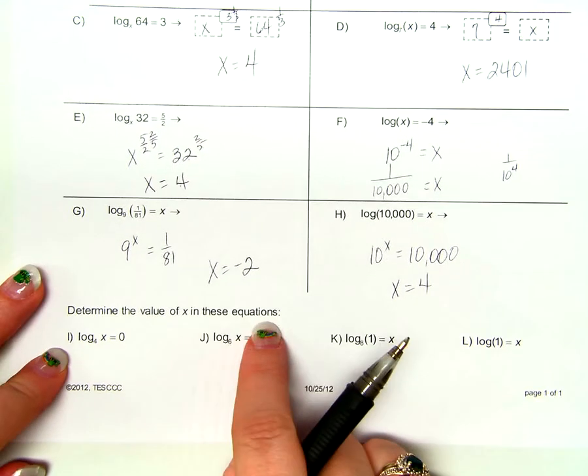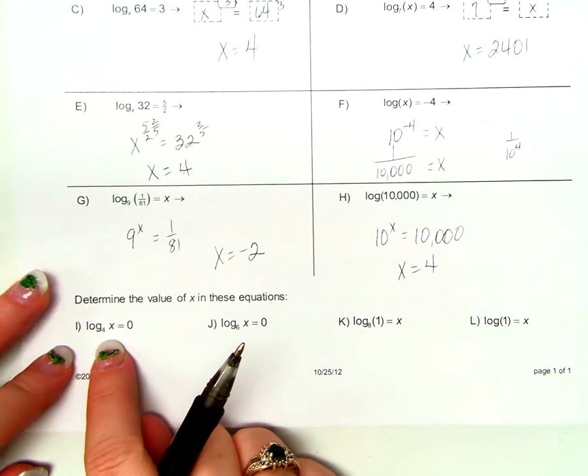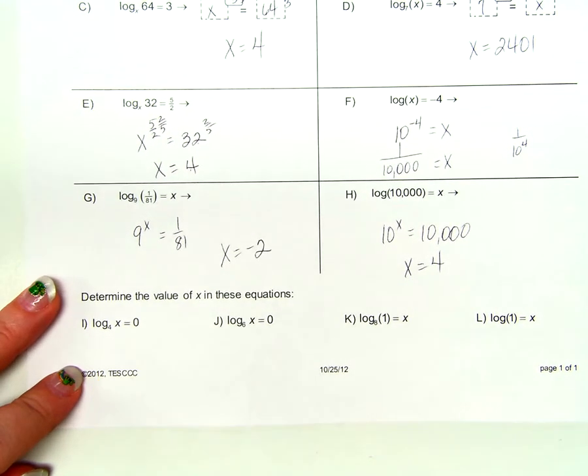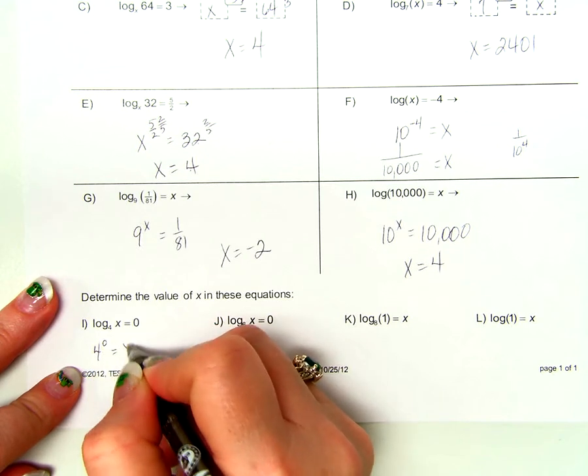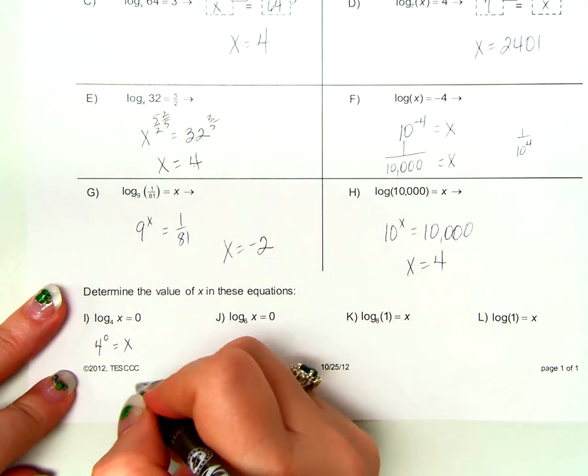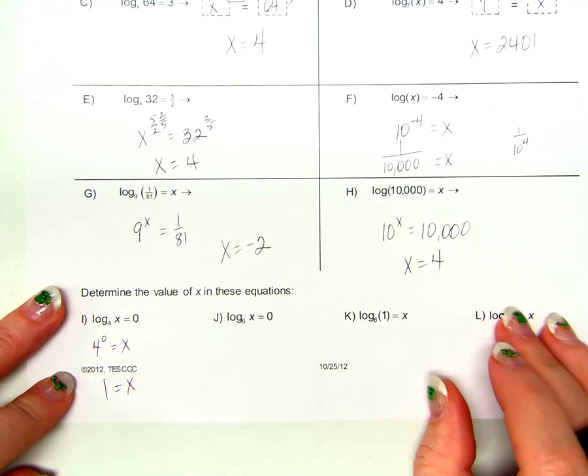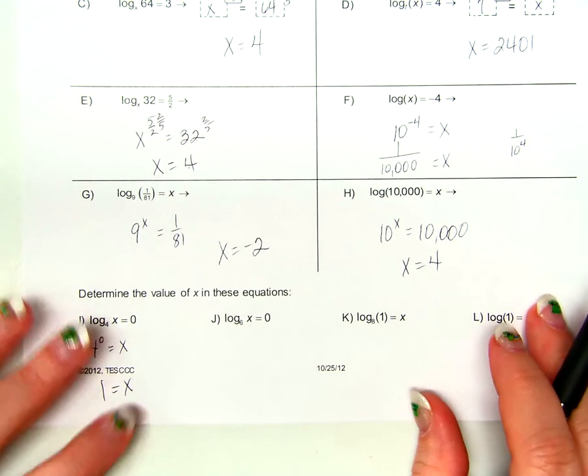Determine the value of x in these equations. It would be 4 to the 0 equals x, right? What is 4 to the 0? So x equals 1. Okay, what about j?